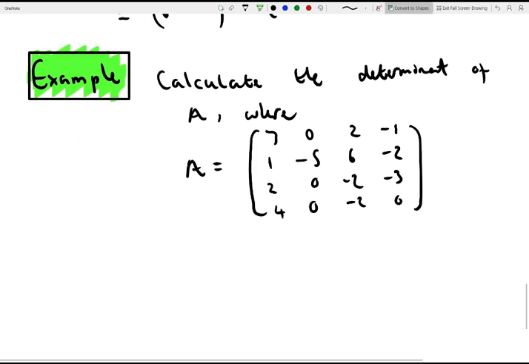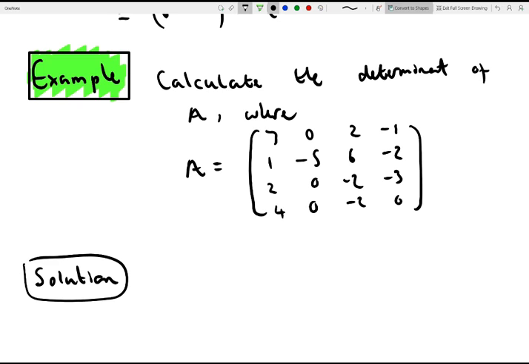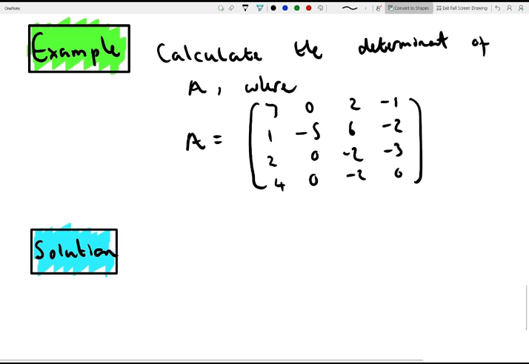This time when we calculate our solution, we can see that there are numerous zeros here, so we can speed up the calculation by choosing the row or column containing the most zeros, and that's going to be column 2.